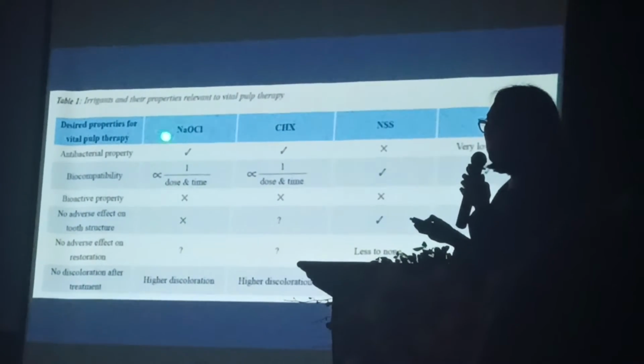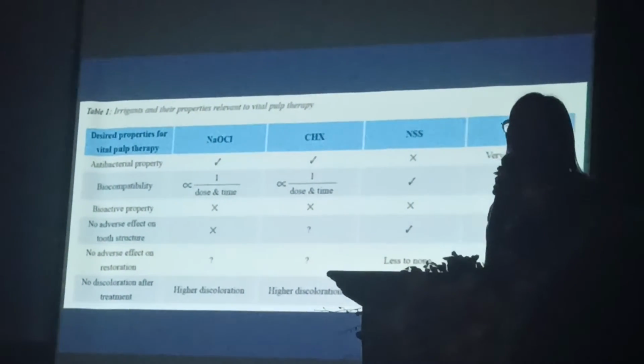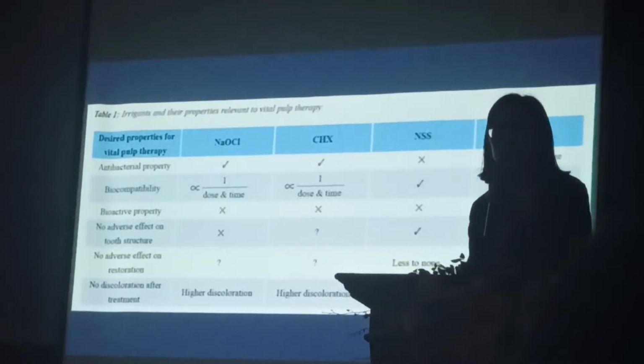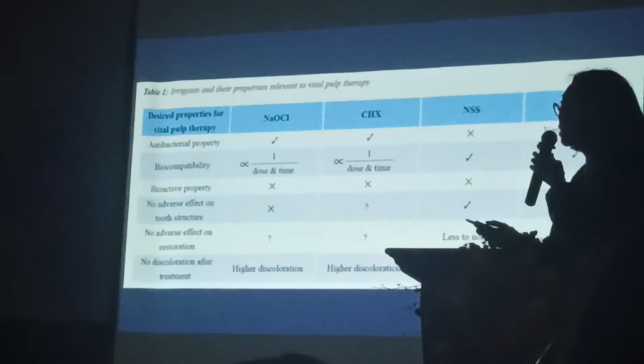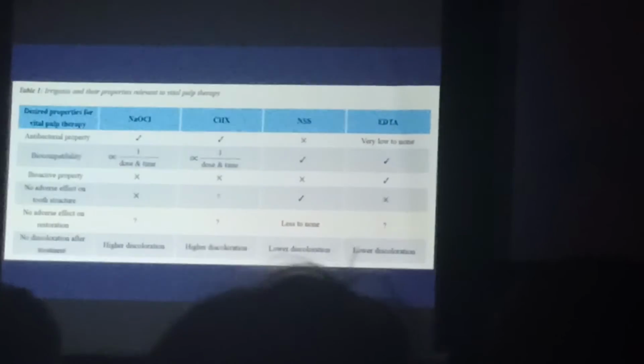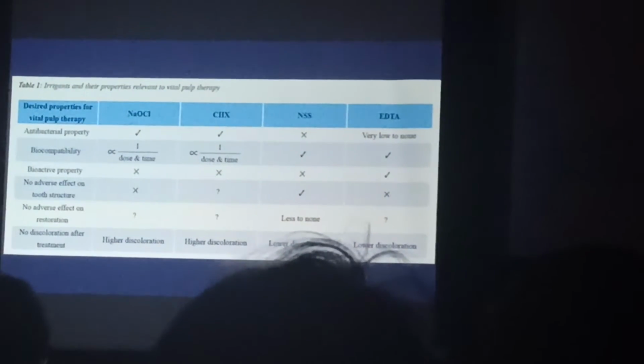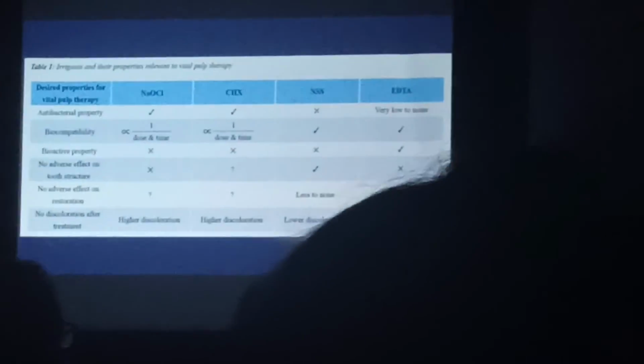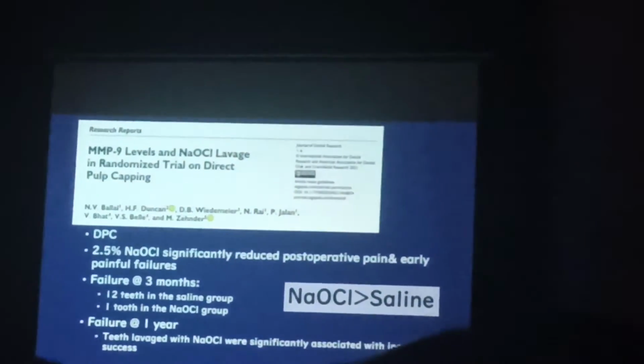Sodium hypochlorite and saline are probably the most commonly used in vital pulp therapy studies. But EDTA, which we all know has bioactive properties, can induce the release of growth factors. This is probably maybe the one that will be most appropriate for vital pulp therapy, but we're going to have to wait and see. All right.